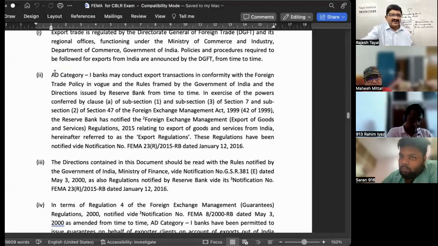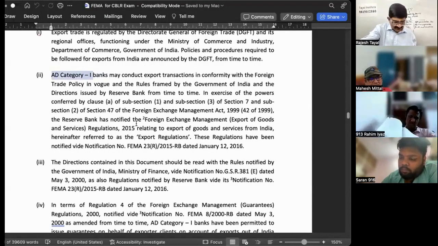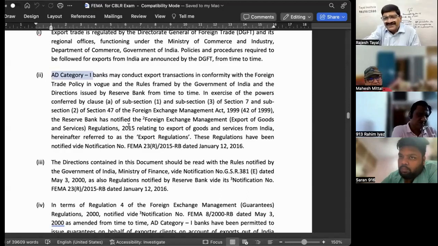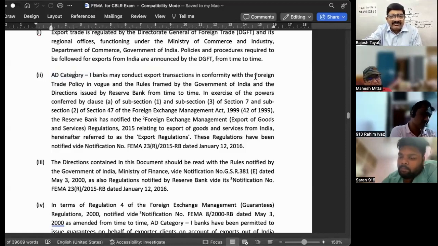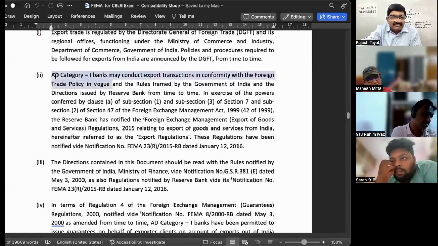Next, AD category 1, authorized dealer category 1, always these are banks, right? There are category 2 also, which are other than banks, like travel houses. So authorized dealer category 1 banks may conduct export transactions in conformity with the FTP in vogue. Now what is the meaning of this?